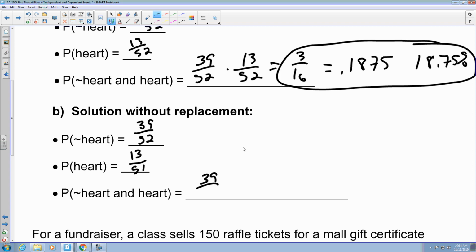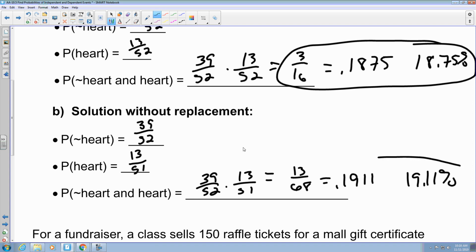So it's going to be 39 out of 52 times 13 out of 51, and this is going to be, reducing those terms, 13 out of 68. 13 divided by 68 is about 0.1911, or 19.11%. Okay.